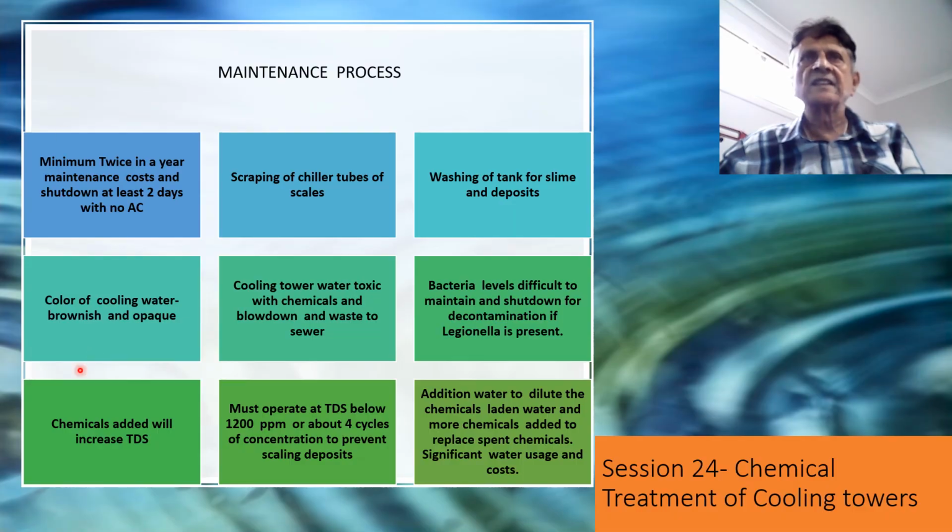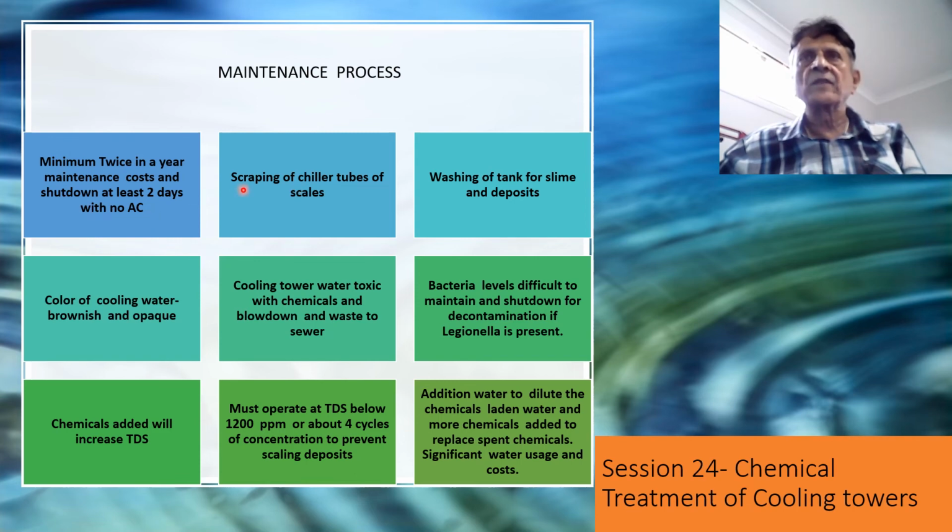This is a diagram of the maintenance schedules for chemical treatment. There must be a minimum of twice a year maintenance, with cost and shutdown for at least 2 days with no air conditioning systems.